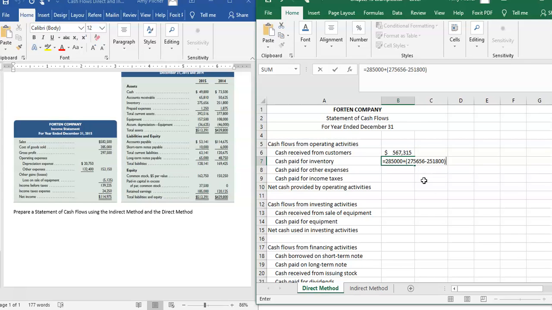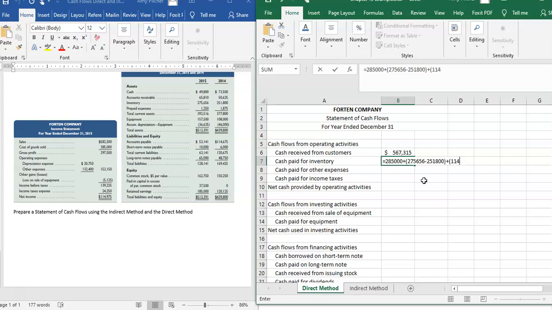Then we're also going to look at accounts payable. We had a significant decrease in accounts payable from 2014 to 2015. That is cash we paid out to suppliers. So we're going to add the change in accounts payable. That's a decrease in accounts payable from 2014.